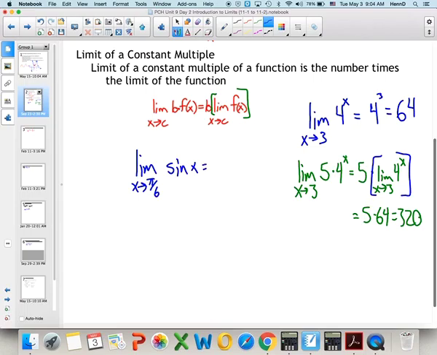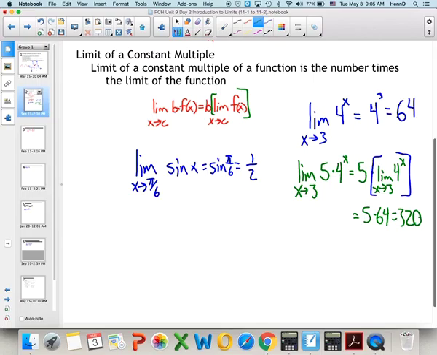So you just evaluate it: sine of pi over 6. We know this. Pi over 6 is in the first quadrant, so it's positive. It's 30 degrees, which is 1 over 2. Sine of pi over 6 is 1/2.